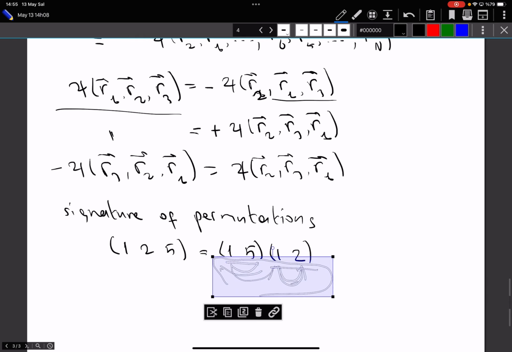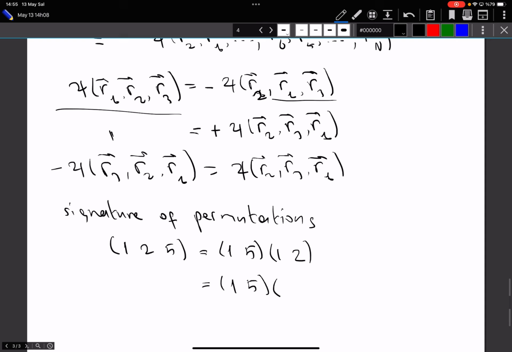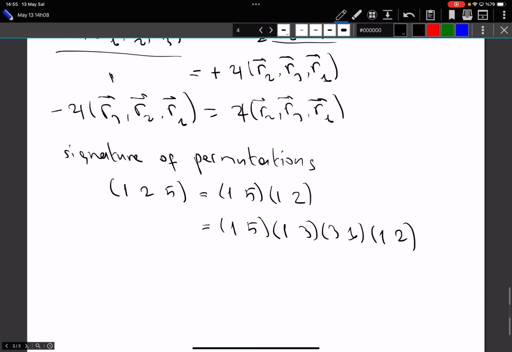I can write the same permutation as 1, 5, 1, 3, 3, 1, 1, 2. Well, this is kind of trivial, because 1, 3, 3, 1, this product is just the identity. It's the same permutation. So given a permutation, you can write it in infinitely many ways, containing many different numbers of pair permutations.